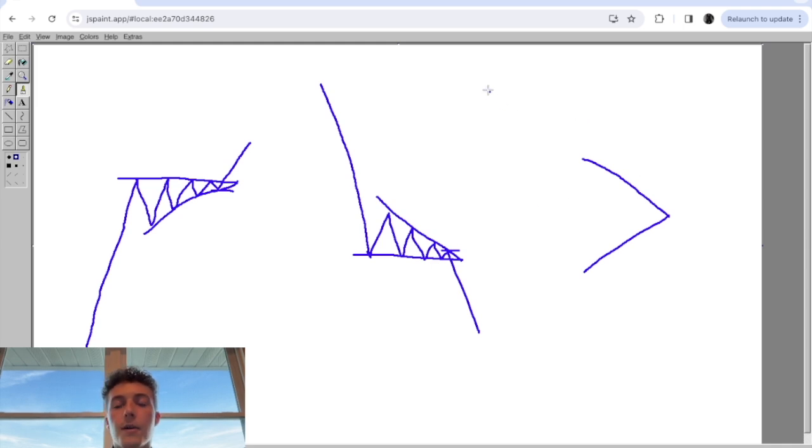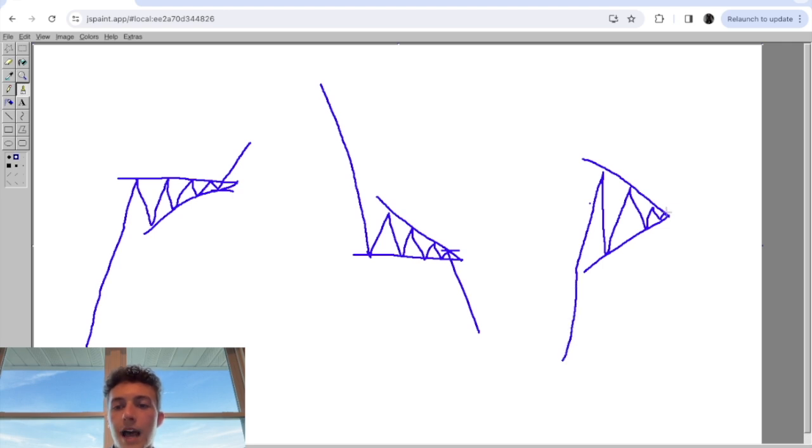Now, the difference is a symmetrical triangle can go in either direction because you have an equal consolidation between both sides. So this is where you will see we have lower highs, higher lows, lower highs, higher lows. So we're kind of fighting between trying to uptrend and trying to downtrend.